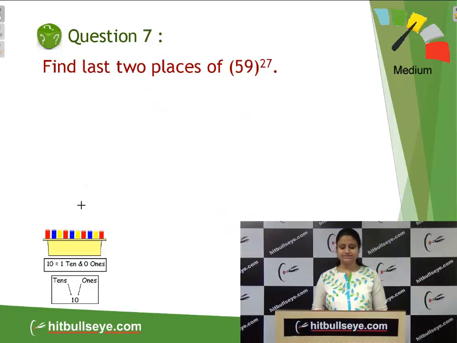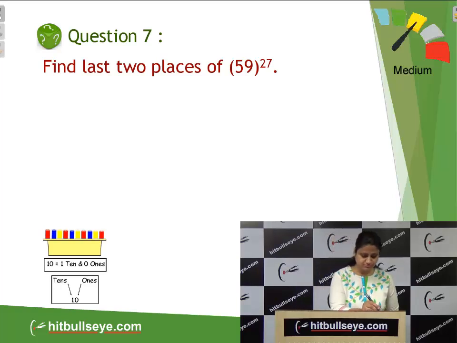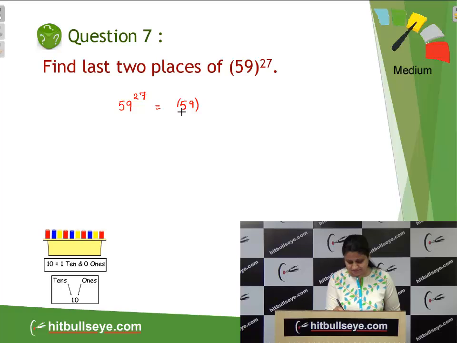Now come to the next question. Find the last two places of 59 raised to power 27. Now 59 raised to power 27 can be written as 59 into 59 raised to power 26.